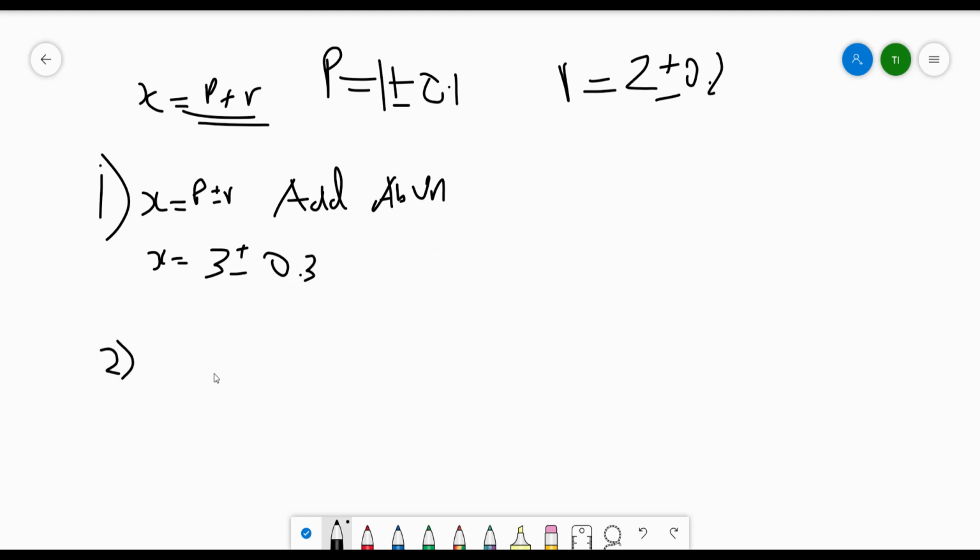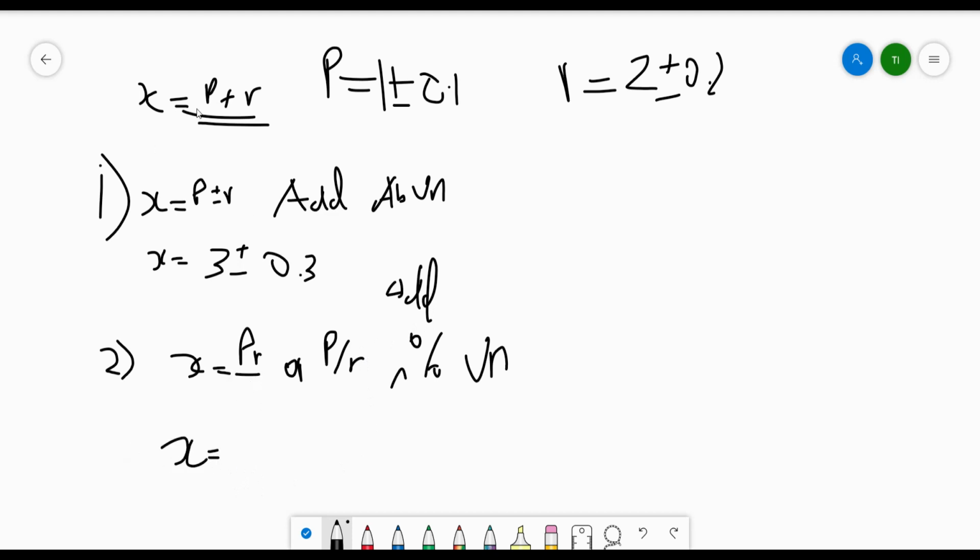The second way is when the quantities are being multiplied or divided. In this case, you multiply the quantities and you add the percentage uncertainties of the quantities. So for example, in this case, P into R, which is 1 into 2, which is 2.